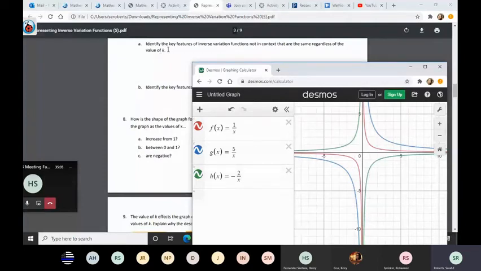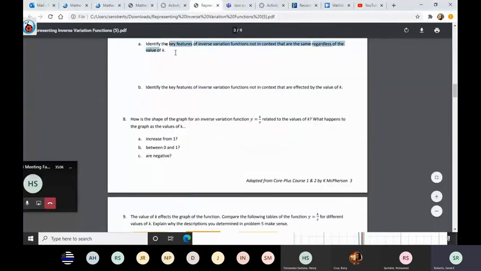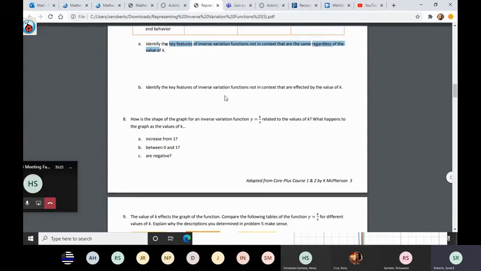When it says regardless of the value of k, it's talking about the constant of proportionality. So it's saying which things are not the same depending on k and which things are the same depending on k. Okay, so hopefully that made sense.